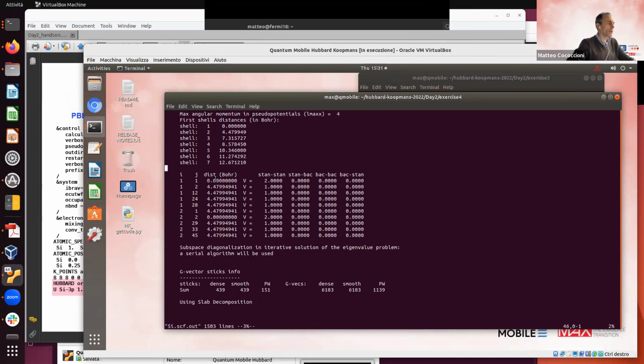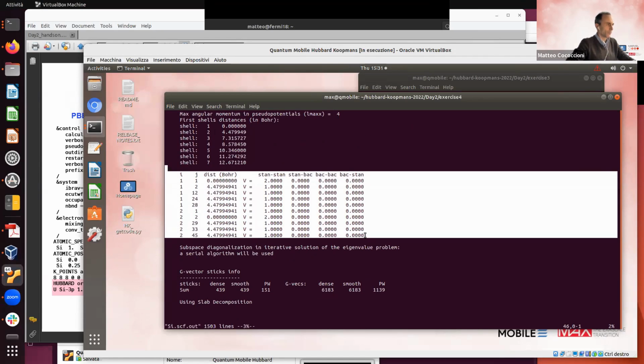Because if we run a DFT+U+V calculation, at the beginning of the output, the code prints this part that is summarizing the values of U and V that it is using for running this calculation. So you see here the indexes of the two atoms between which it puts either U or V, and then the distance between them in Bohr, and then the value of V.